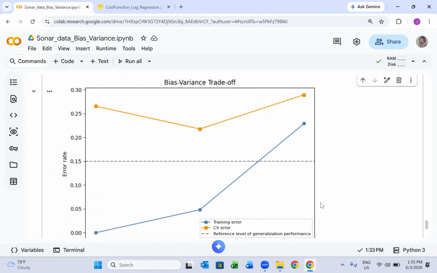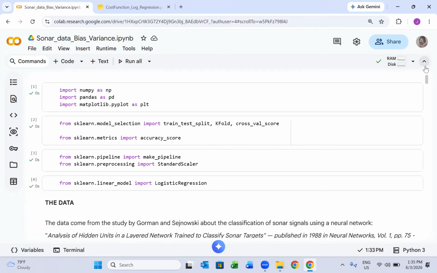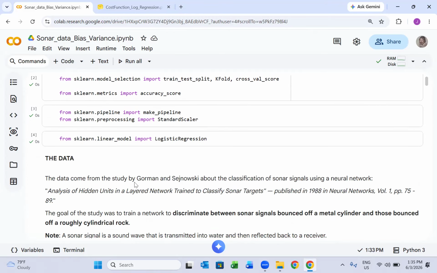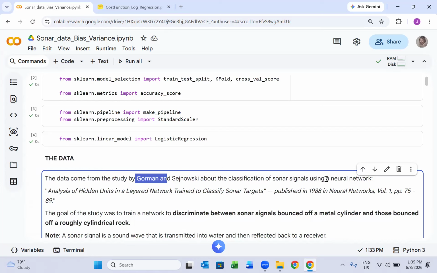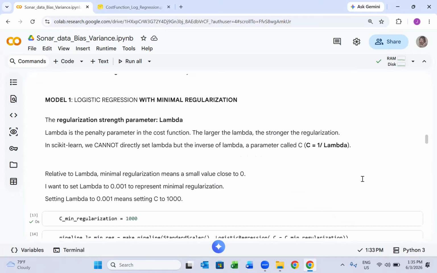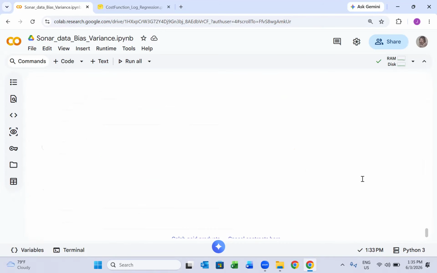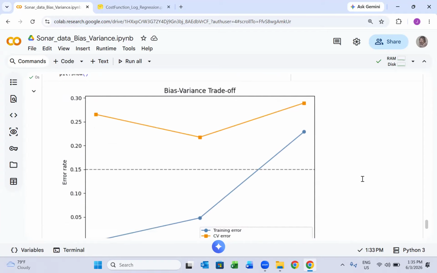And guess what, guys? In this problem, we have a reference performance level. Okay, why? Because these authors, remember the authors of the study, they apply a neural network to do this classification. We just apply logistic regression, right? But they apply a neural network, and they reported their best result as a 15% validation error. So when you read the paper, the best that the neural network was able to do was 15% error on the validation data set.